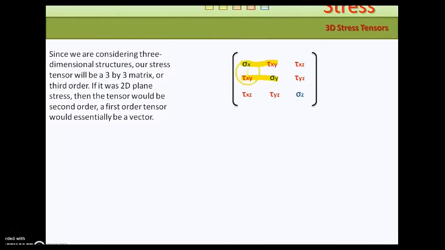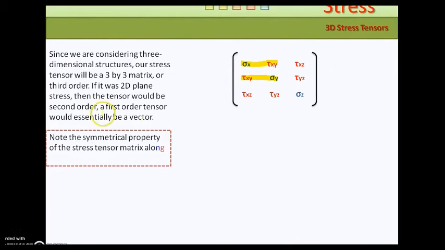Yep, so that's for the 2D stress tensor. And to help you remember where each of the variables in the stress tensor goes, just remember that it's symmetrical along this normal stress diagonal. Yep, I even included a note of that there.